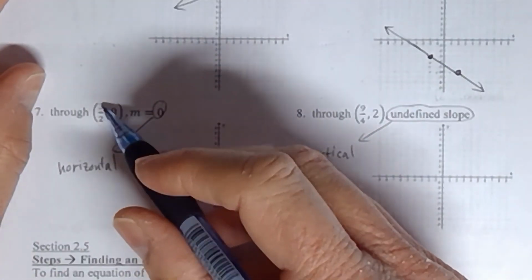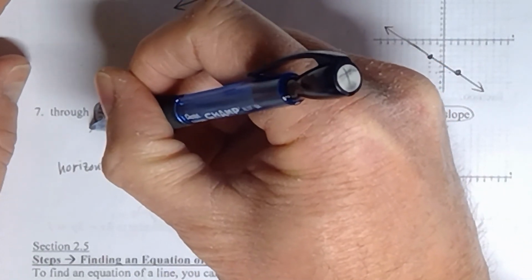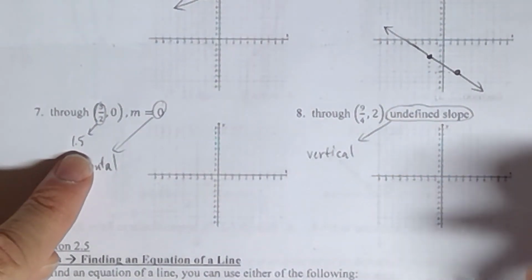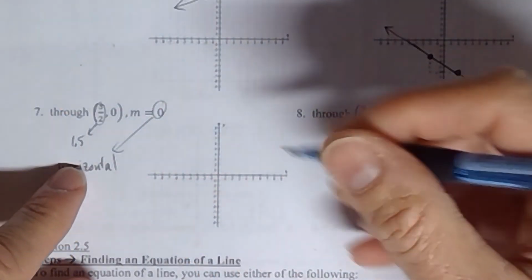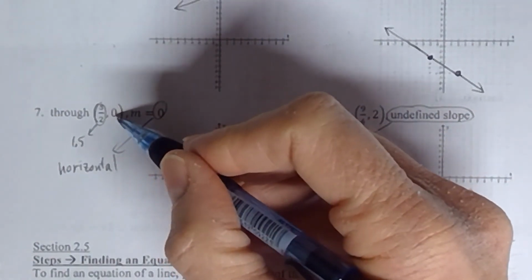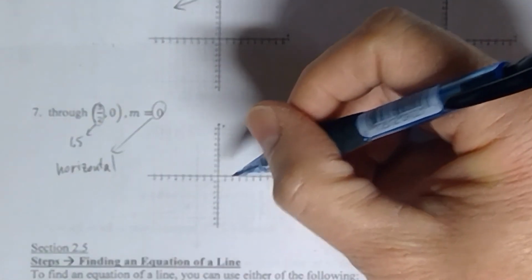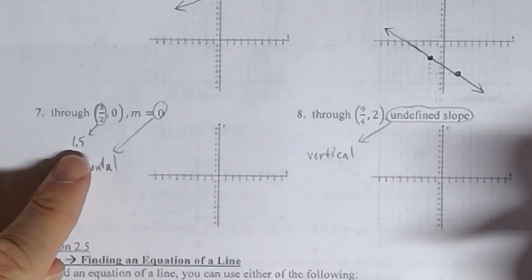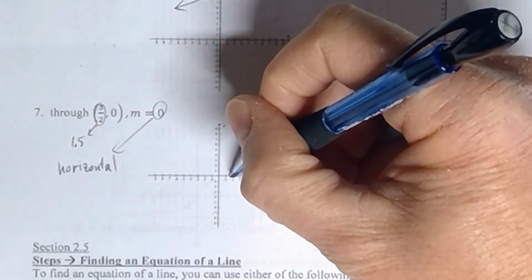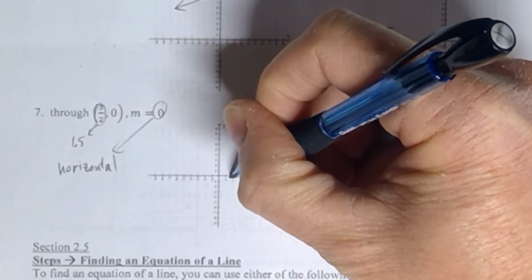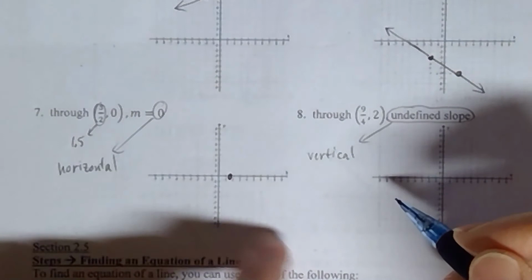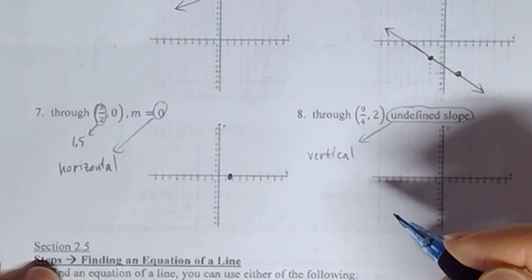3/2 comma 0. Now remember, 3/2, you can put this in your calculator if you want, is 1.5. That means that 3 divided by 2 is equal to 1.5. As I mentioned in the circle section, 2.2, if you have a decimal or fraction that you have to graph, just put it in between the two numbers that you need to have it between. 1.5, as you guys know, is between 1 and 2, and so you just have to put it in between 1 and 2, and the y is equal to 0, and so that's why it's right on the x-axis there, as it always would be if y was equal to 0.